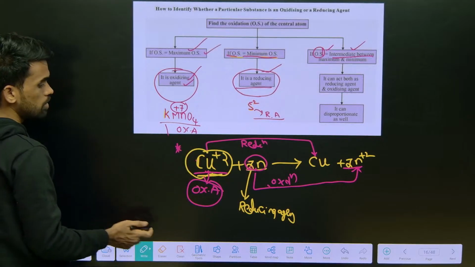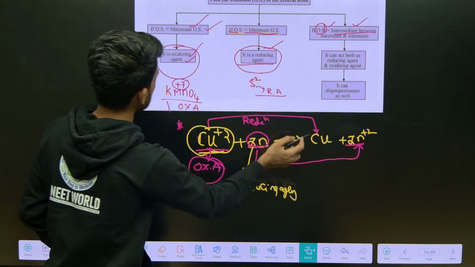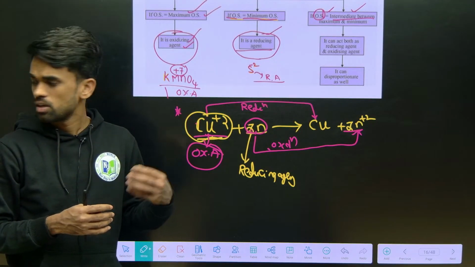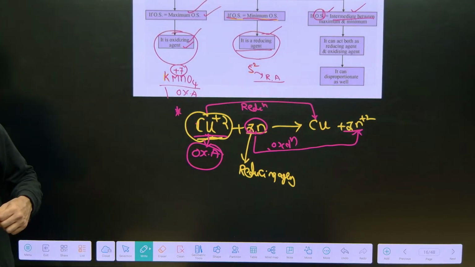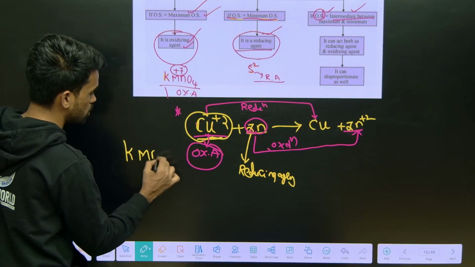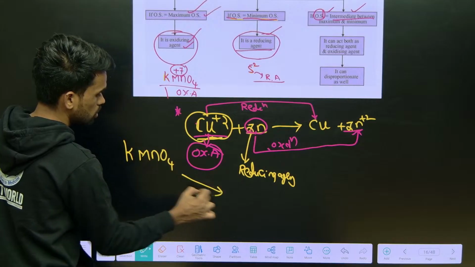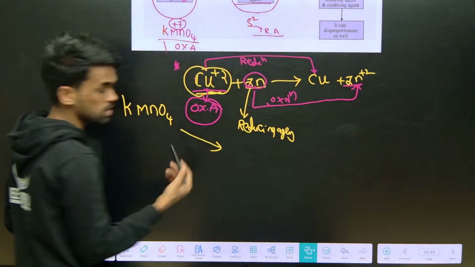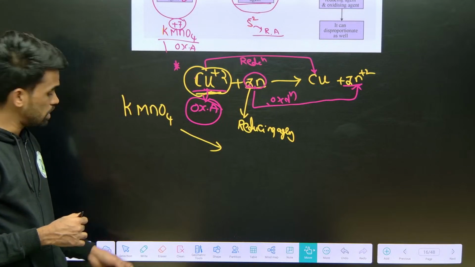Now see, whenever I say oxidizing agent, what should it do? It oxidizes others and reduces itself. Now tell me, is it possible for KMnO4 to act as a reducing agent or not? See here, a reducing agent reduces others and oxidizes itself.